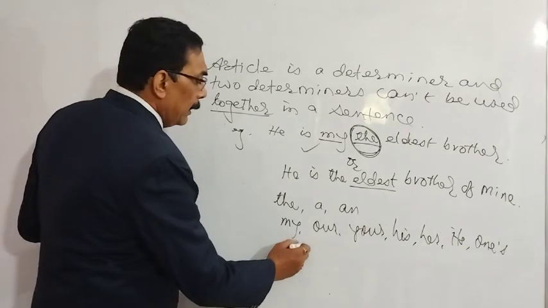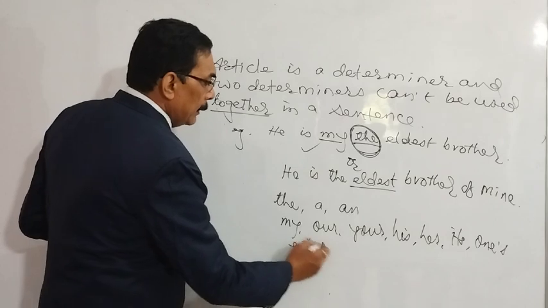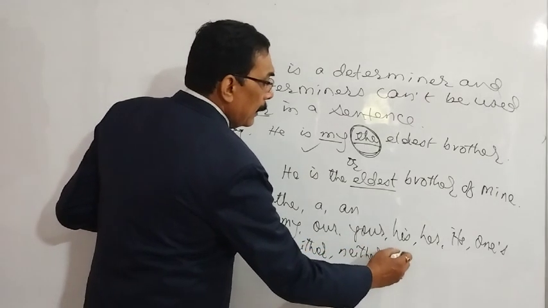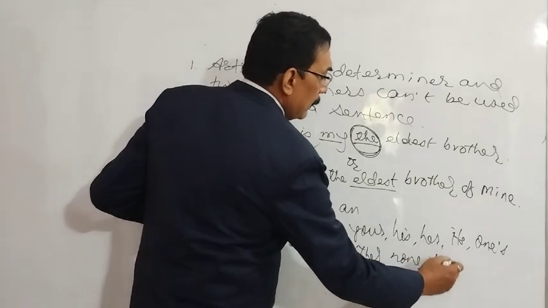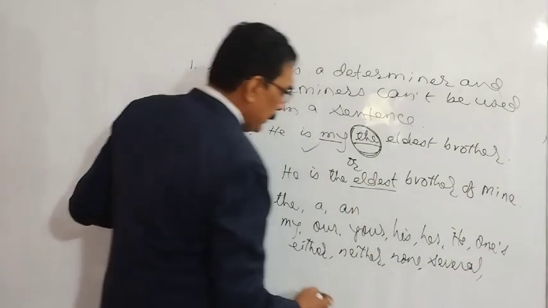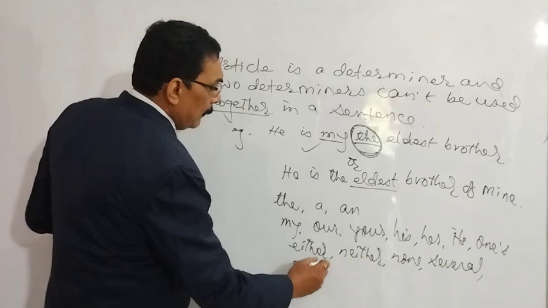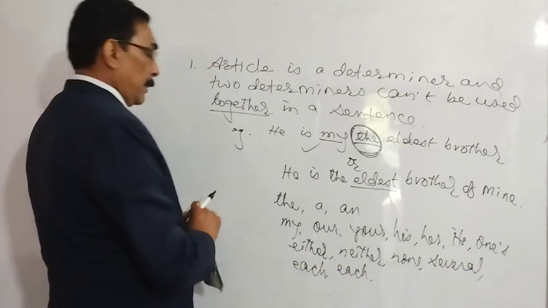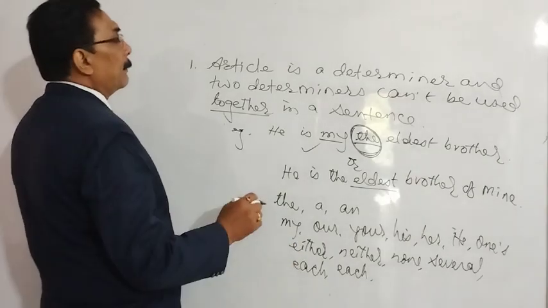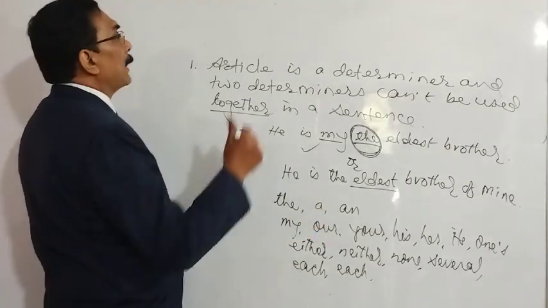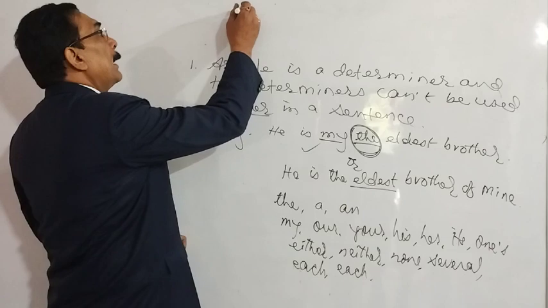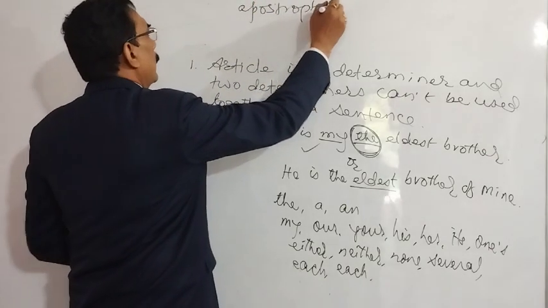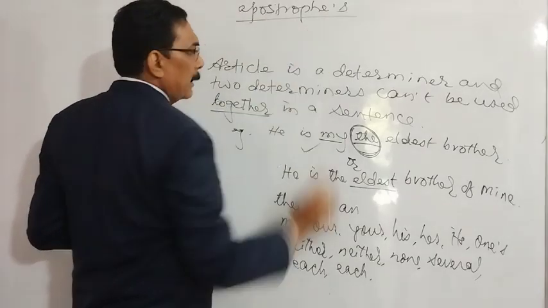In the same way, like either, neither, none, several, each, every, these are also used as determiners. So with these all, double determiners, I mean two determiners, should not be used. In the same way, the apostrophe is also used as a determiner.